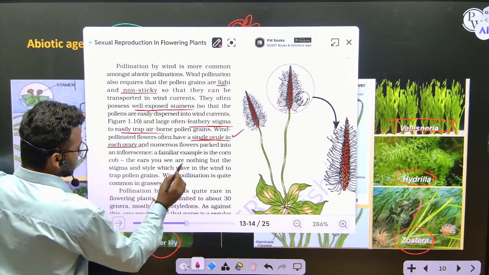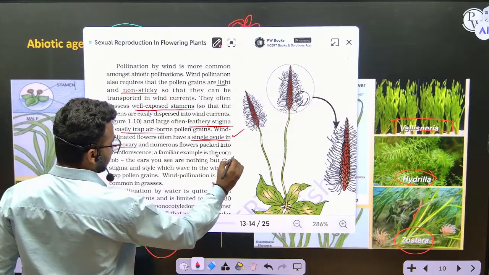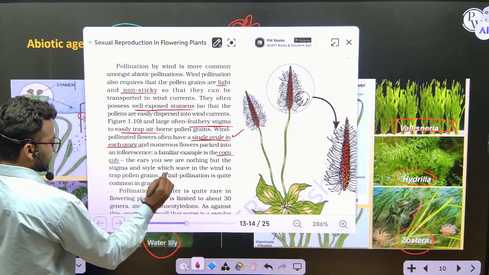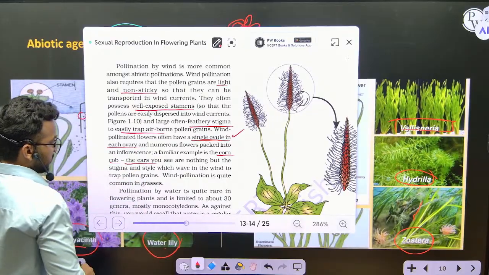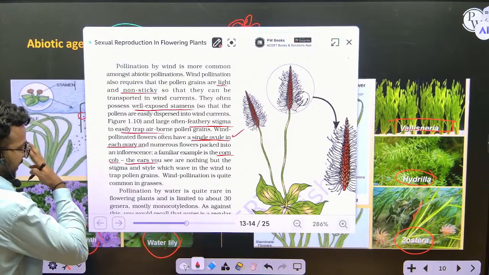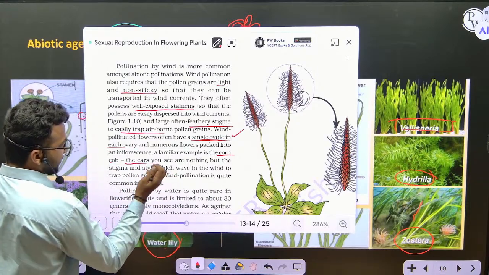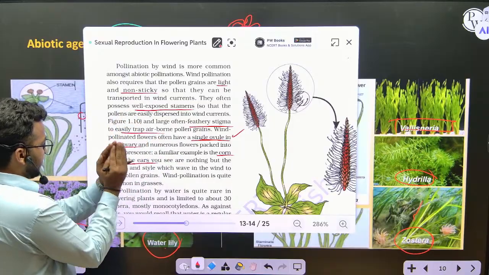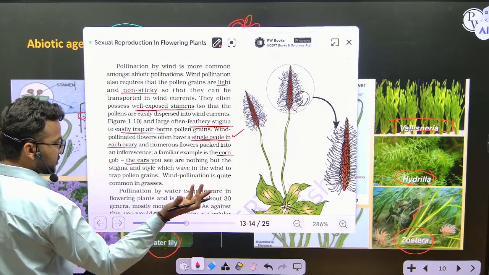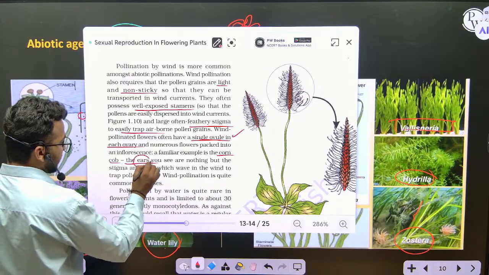And cob, see, a familiar example is corn cob, and the ears you see are nothing but the stigma and style. So the corn cobs, which I showed in the maize plant, the ears are nothing but where it is gathered, making an ear there. But in the last old NCERT, they have given it as a tassel.